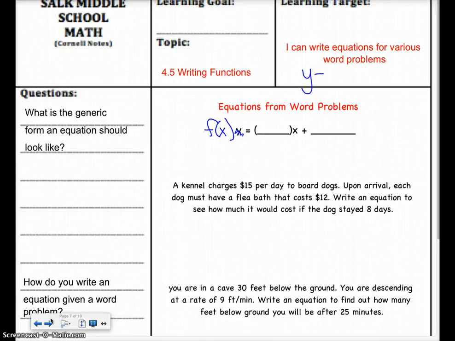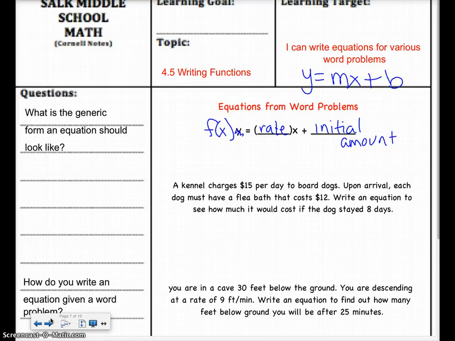I want you to remember linear equations, y equals mx plus b. That was back in our second lesson, and how every linear equation should look like this. So everything you do today should look like this, except have f parentheses x there, the function of x. What goes in front of the x is the rate. Rate is what varies. And then you always add the initial amount.